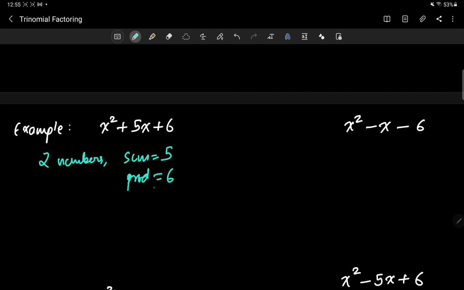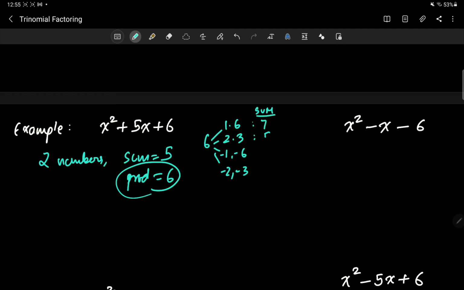To find that out, we start with the product. How can you get a product of 6? 1 times 6, 2 times 3, and 3 times 2 is the same thing, so you don't have to consider it. You can also have negative 1 times negative 6, negative 2 times negative 3. For each of them, find the sum: 7, 5, negative 7, negative 5. 5 is the one that you want.